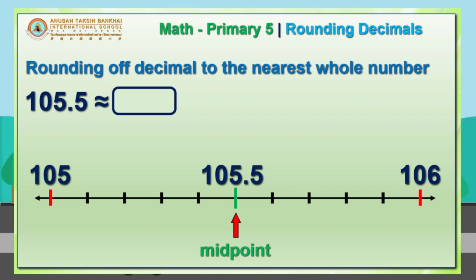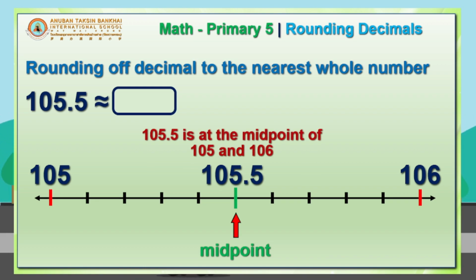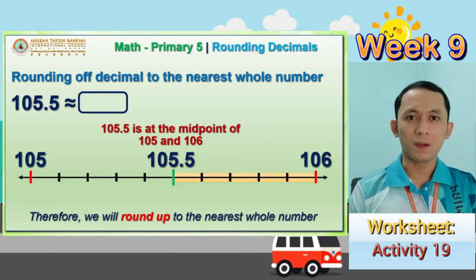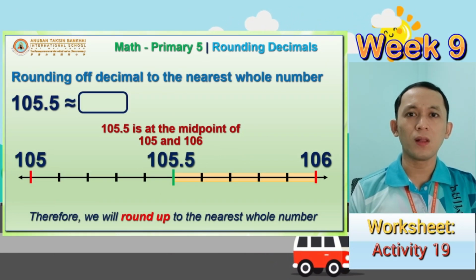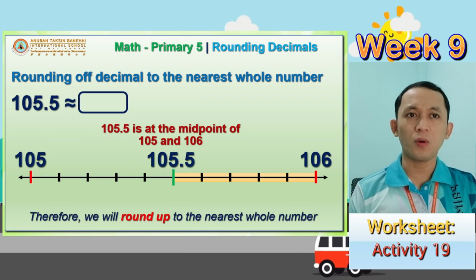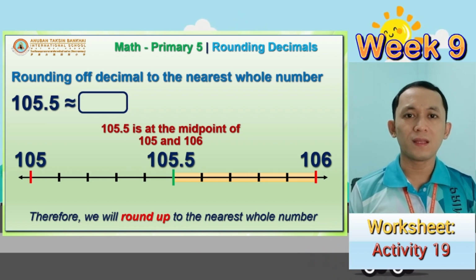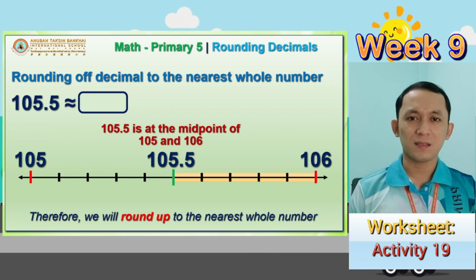Since 105.5 is at the midpoint of 105 and 106, we are going to round it up to the nearest whole number. So 105.5 will be rounded up to 106.